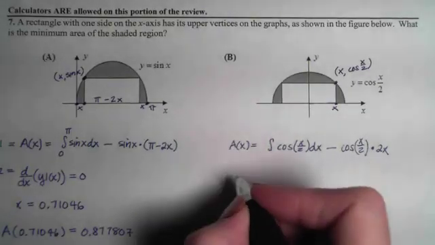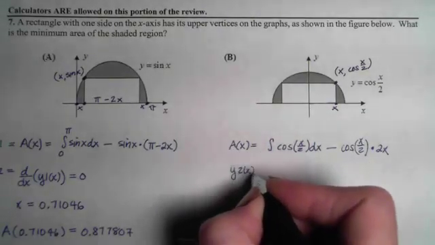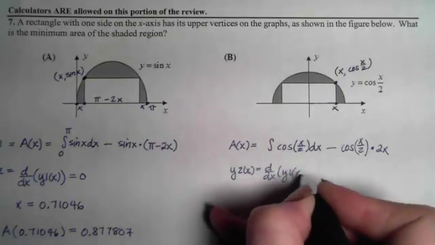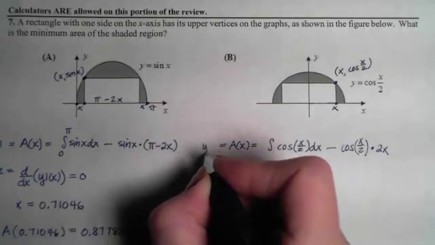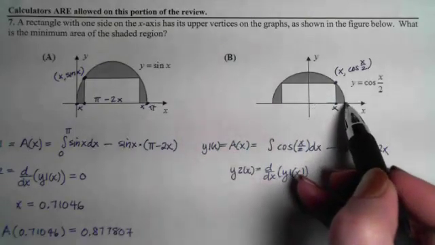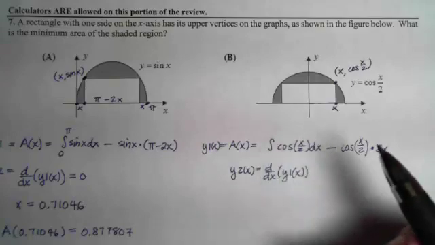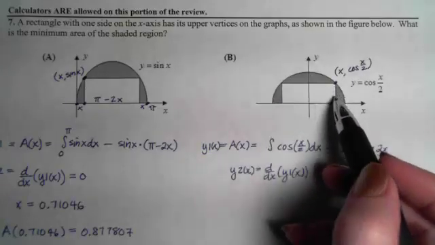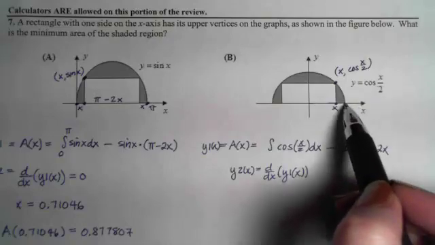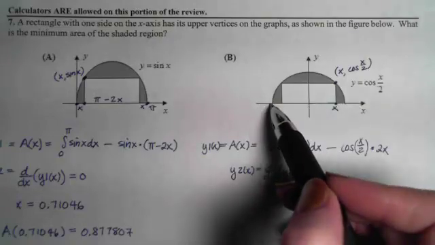So now I again will let y2 be my derivative of that, and I'll let this be my y1, and I can see that I will run out of rectangle at the same place that I'm going to have my upper limit. So let's figure out upper limits of this. We know that cosine equals 0 at pi over 2 and at negative pi over 2.